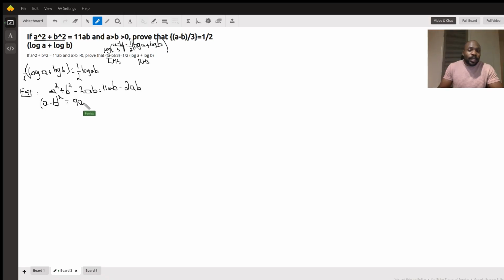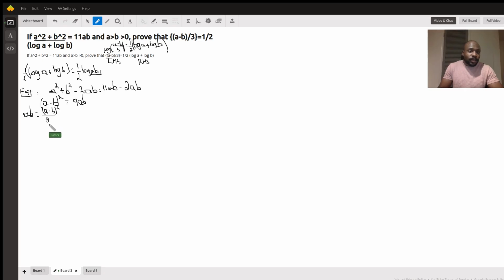Where am I going with that? We're almost there. We can rewrite, because we have the AB here. If we solve for AB, that means AB is equal to (a minus b) squared over 9.